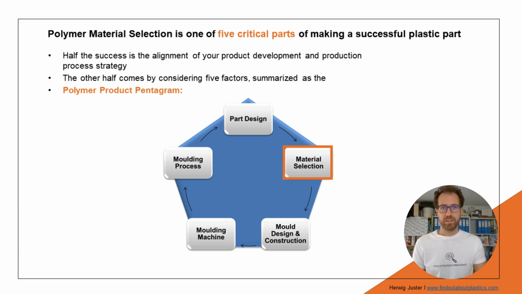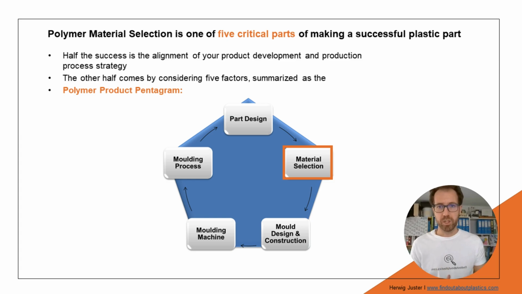For making a successful plastic part, material selection is one of 5 critical parts. This is shown here in this pentagram, also called the polymer product pentagram. We start with a good part design, also optimized for plastics. Then we have the material selection, followed by a proper mold design and its construction.